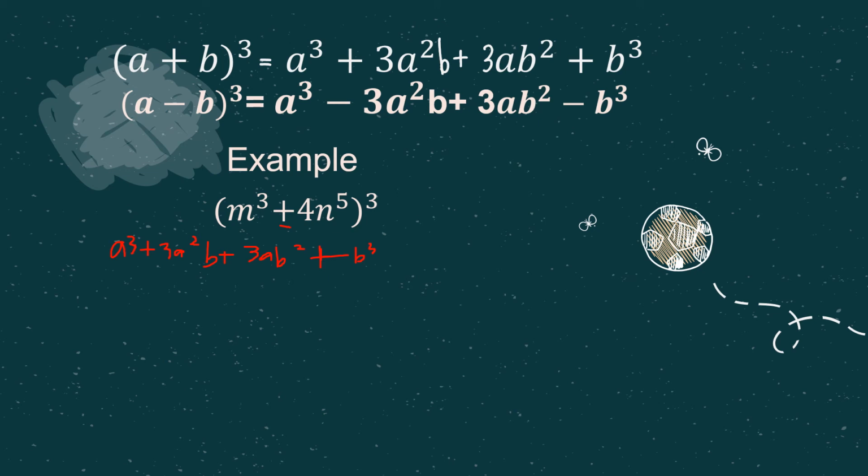Okay, so now let's identify A and B. A is the first term and B is the second term. So again it is the same. You're just going to substitute the values of our A and B. So this is no longer a cubed but this will become m cubed to the third, right? Because our A is m cubed. So it is still m cubed, so don't remove that.